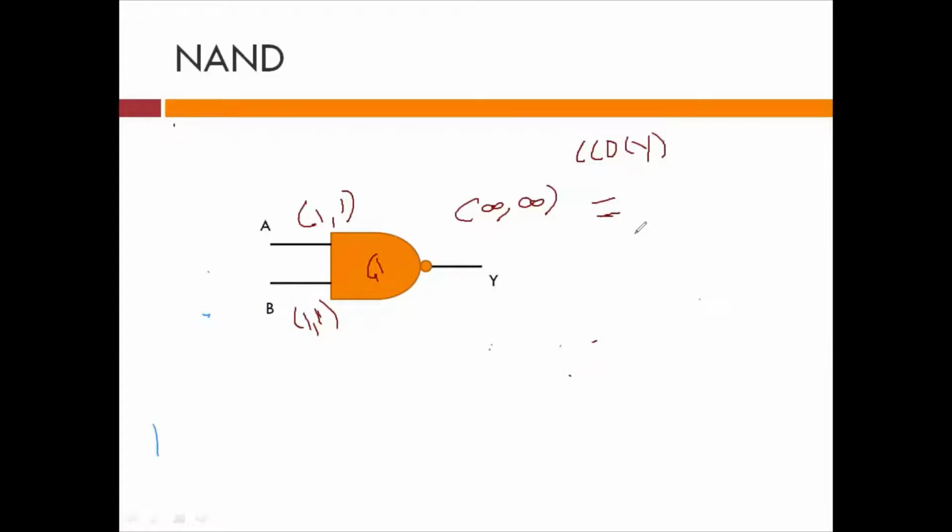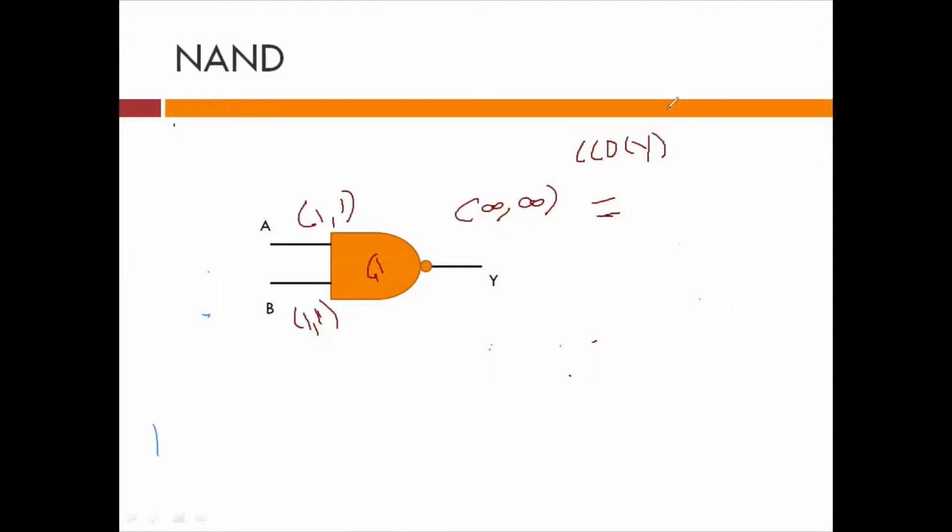Let's talk about it. So you also compute and I'll also compute. What it says is, now in the NAND gate, if I want output 0, what should happen? It means the output of this AND gate should be 1.